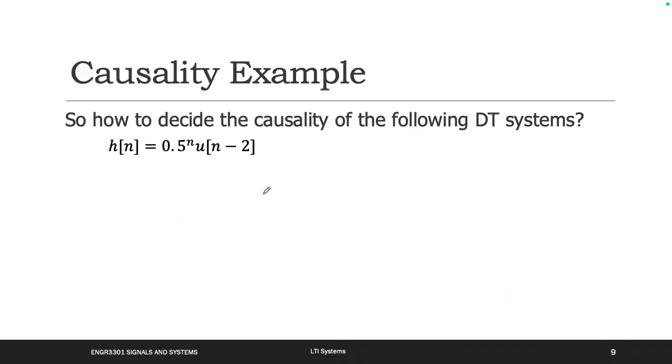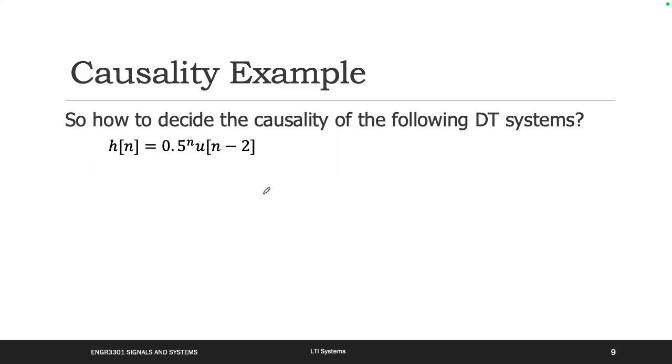How about this one? Is your system causal or not causal? Yeah. Firstly, let's talk about what u[n minus 2] is for this part. What's this? u[n minus 2]. Yeah.